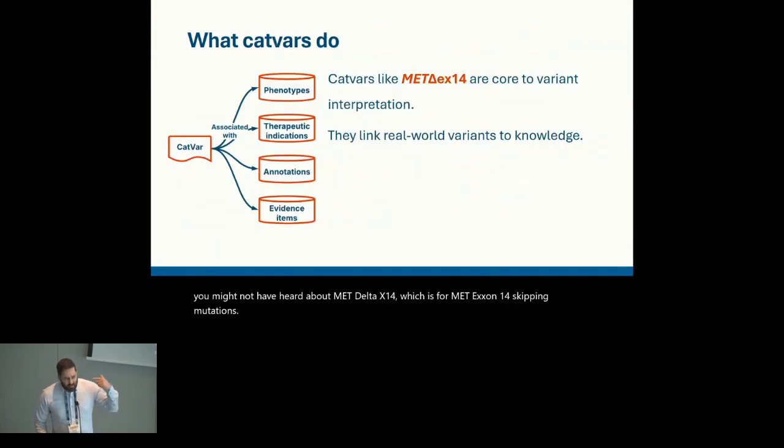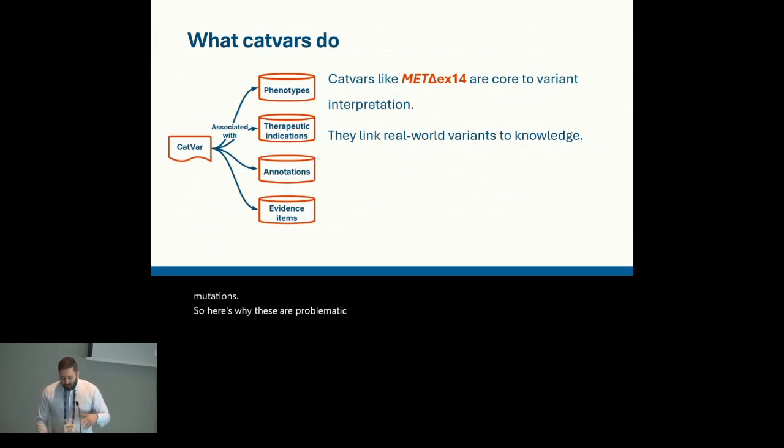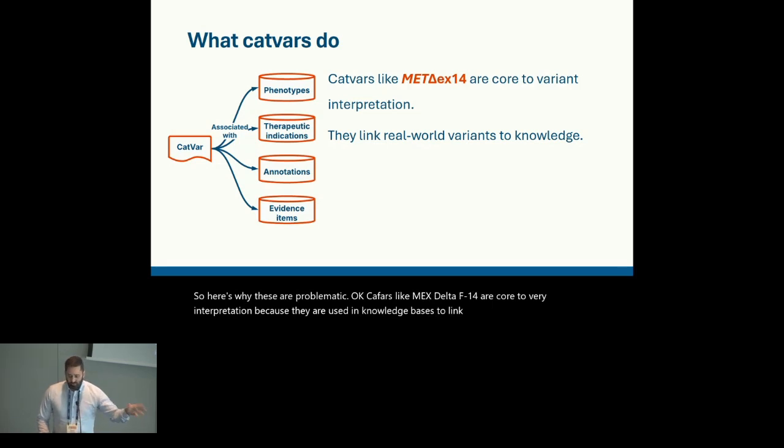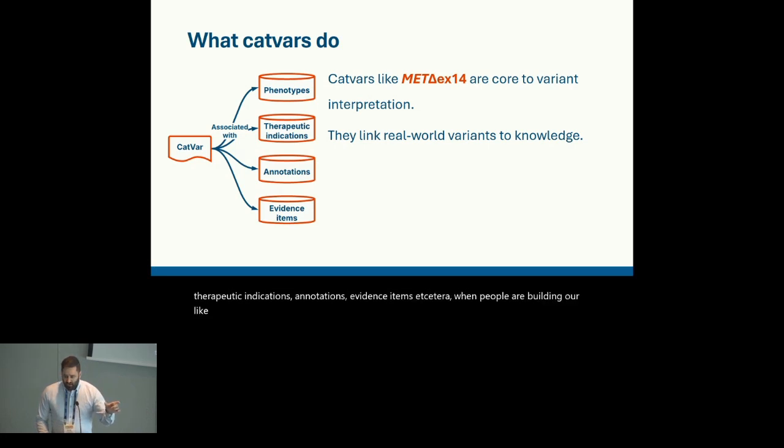So here's why these are problematic, okay? Cat-VARs like MET delta X14 are core to variant interpretation because they are used in knowledge bases to link real-world variants to the knowledge we have about them, whether that's phenotypes they're associated with, therapeutic indications, annotations, evidence items, etc. When people were building our first generation of knowledge bases, often these were just string labels that were human readable that we stuck on there to make sense to our human annotators.